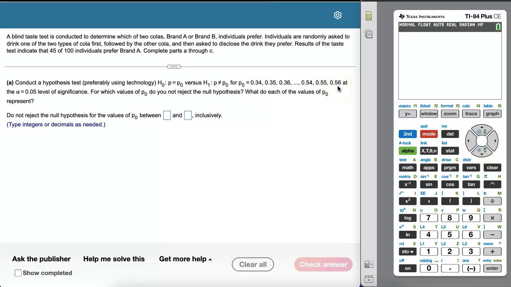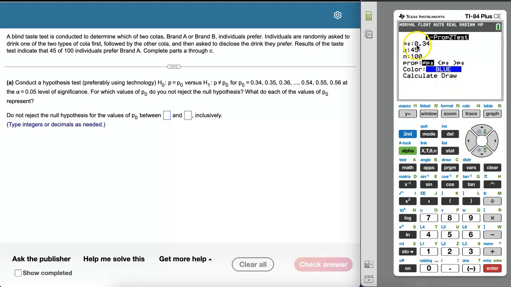To do a hypothesis test like this, preferably using technology, we go to Stat, scroll over to Test, and select number 5, the one proportion z-test, the hypothesis test for proportions.